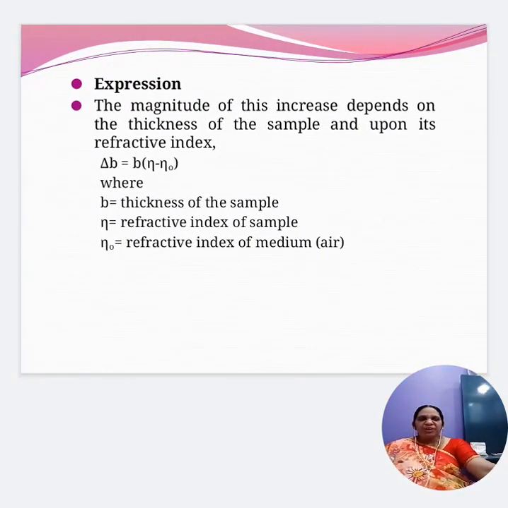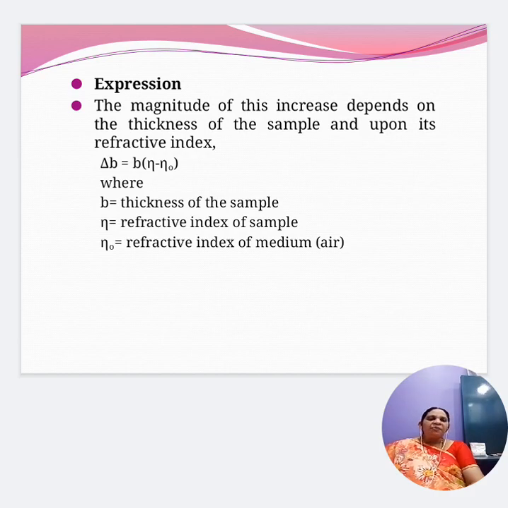You have an expression for finding the refractive index of the sample. The magnitude of this increase depends upon the thickness of the sample. Magnitude of what? Magnitude of delta B. What is B?